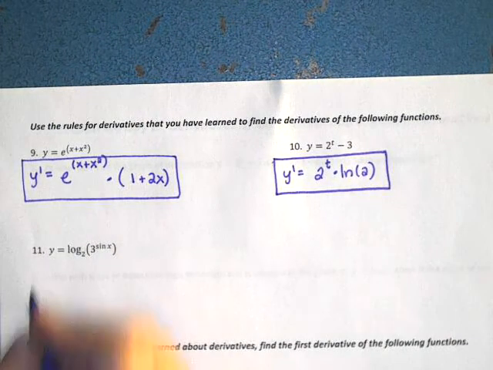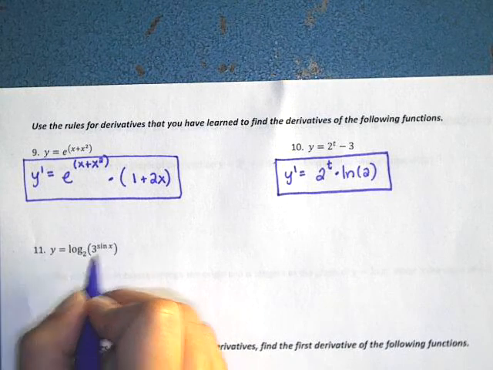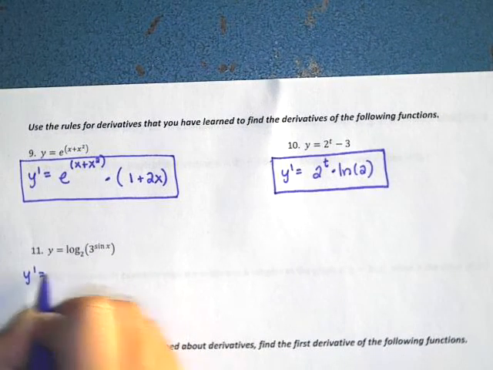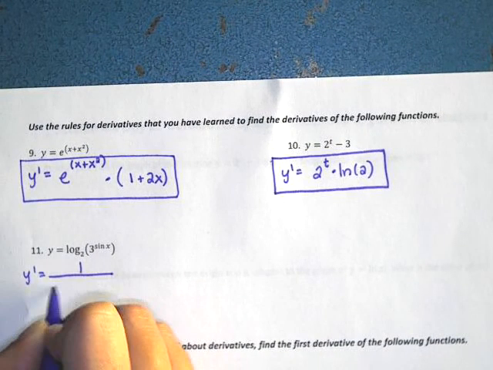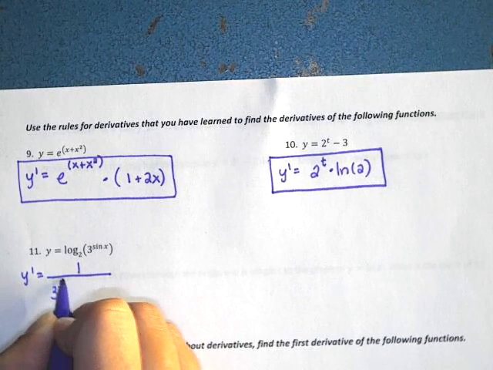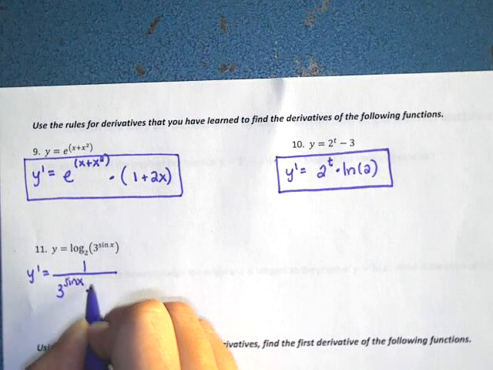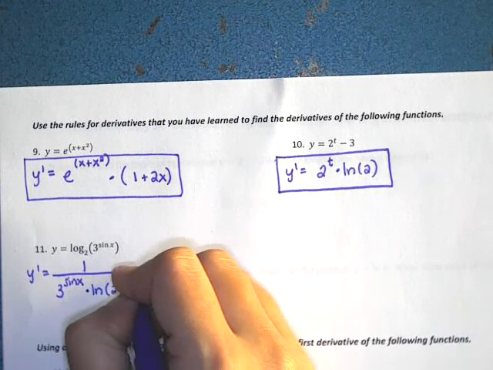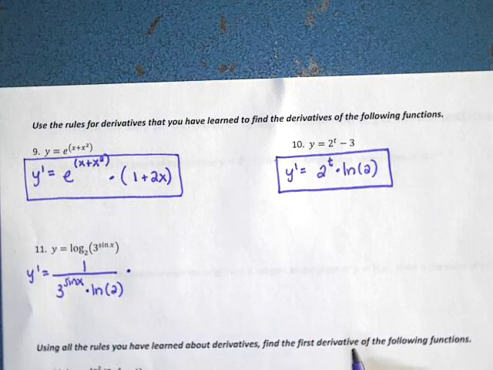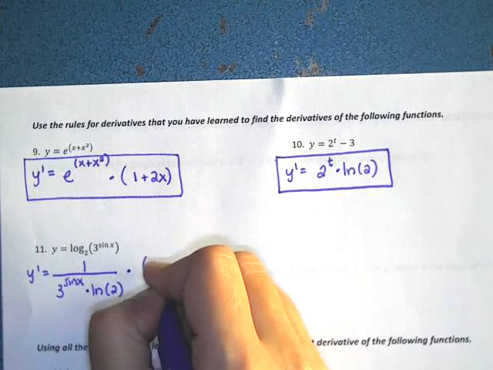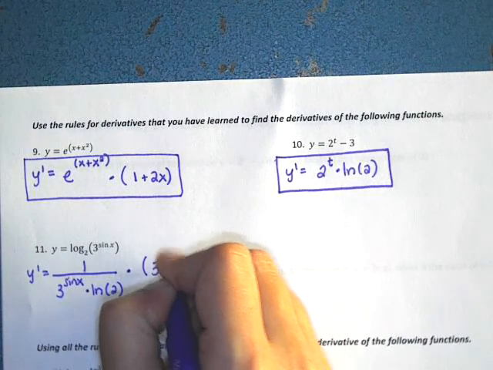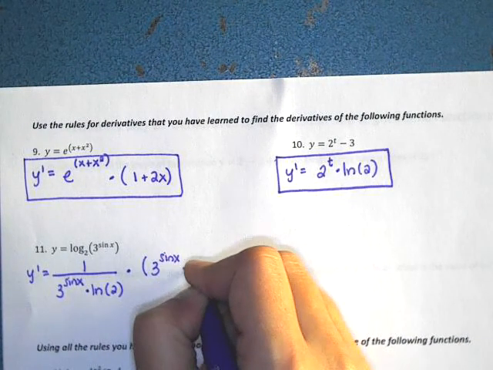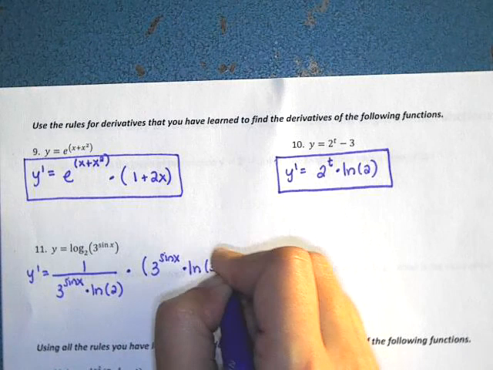The derivative of log base 2 of 3 to the sine of x would be 1 over 3 to the sine of x power times the natural log of 2. Then I need to take the derivative of the 3 to the sine of x part, which would be 3 to the sine of x times the natural log of 3.